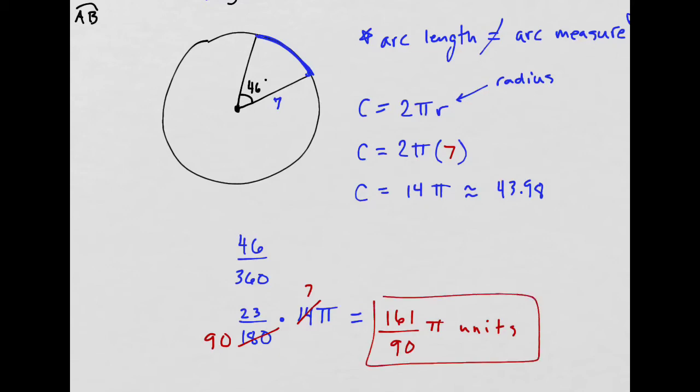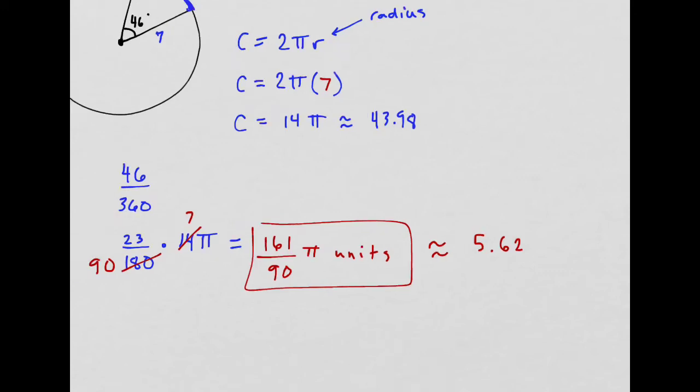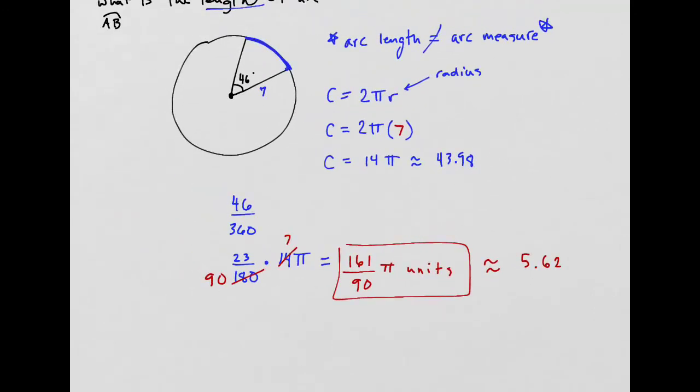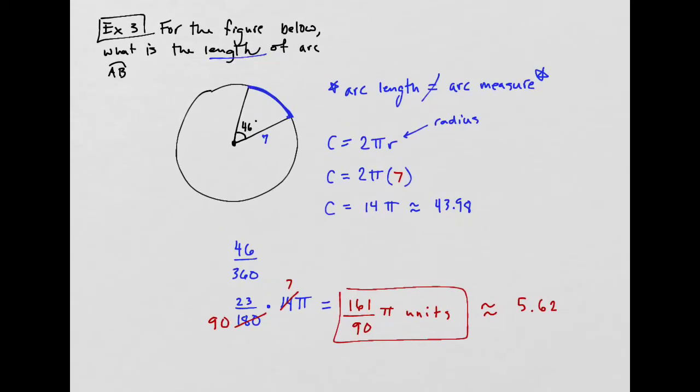So the measure of this arc is 161 over 90 pi. And that's going to be approximately, if I just plug it into the calculator, 5.62. So instead of having the whole entire circumference, we have just a little piece of it, 46 360ths of the whole circle, and that comes out to be 5.62, but your answers will be just left in terms of pi. So there we go.